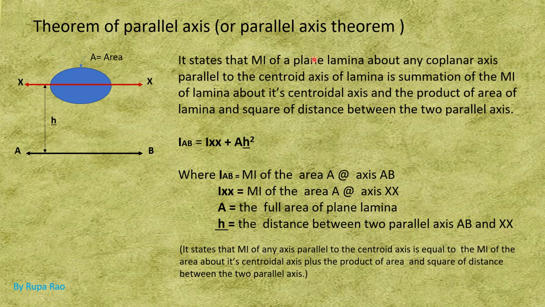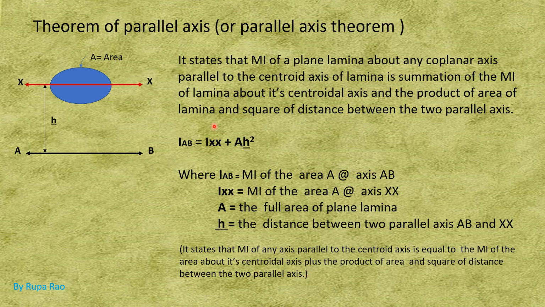For those who are a little weak in English, and this word plane lamina comes again, here is another definition of the parallel axis theorem, which maybe a few students will find a little easier. It states that the MI about any axis parallel to the centroidal axis is equal to the MI of the area about its centroidal axis plus the product of area and square of the distance between the two parallel axes.